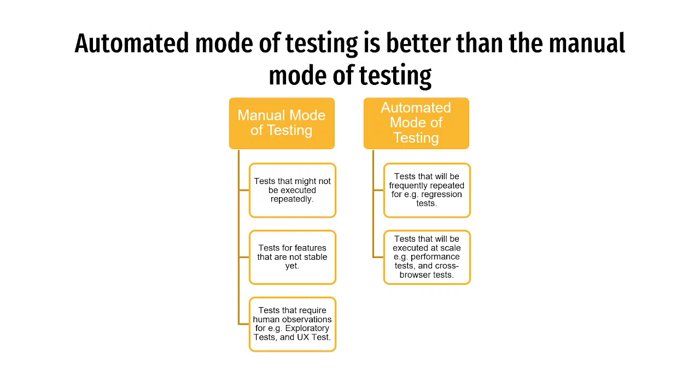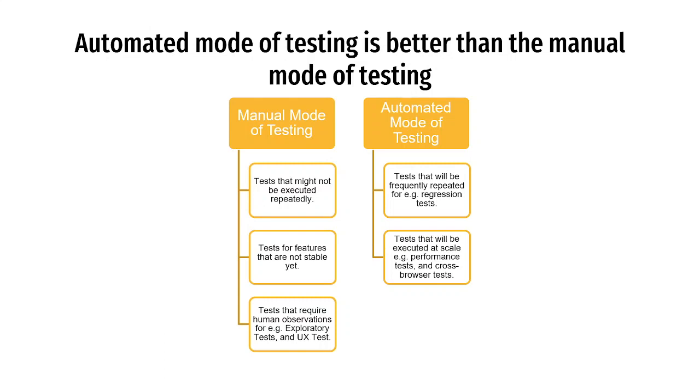In manual mode of testing, there are tests that might not be executed repeatedly. You are doing the test on demand, or even only for a certain period. Those types of tests you will not be picking up for automation.